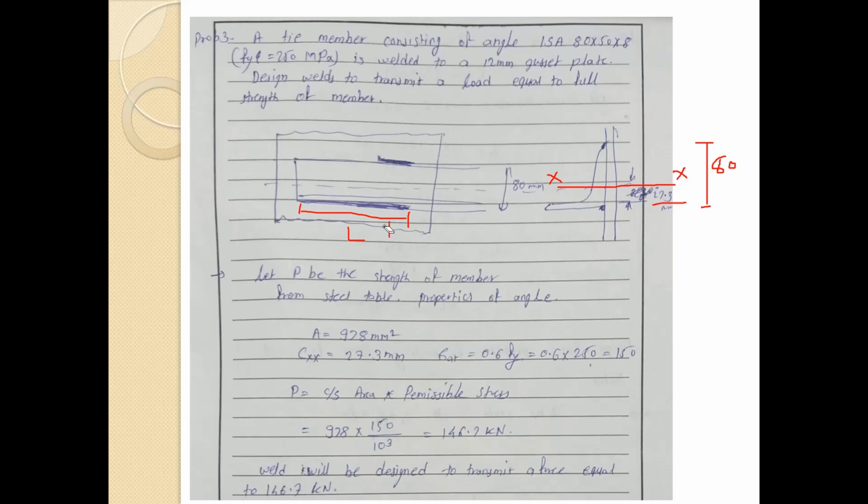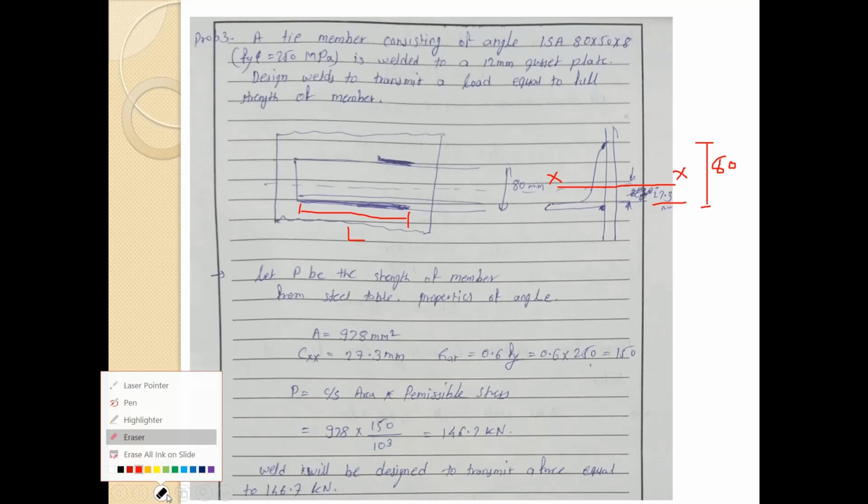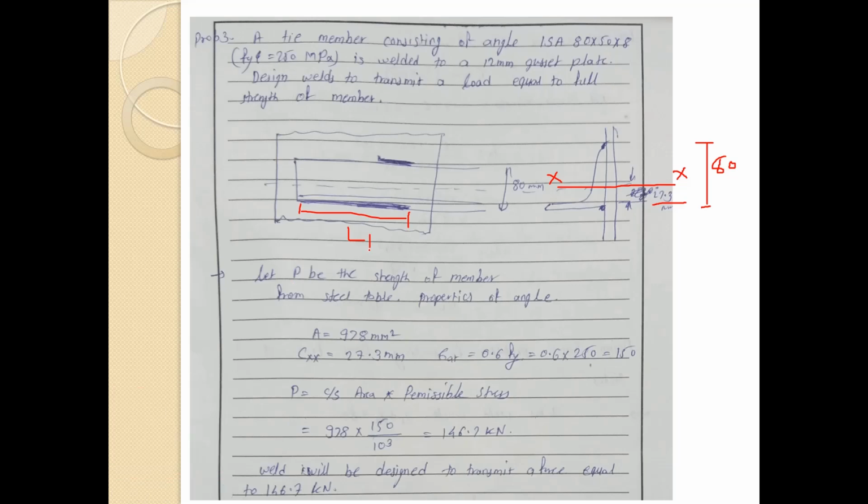This is L1, and either you can take it from this side or this side. You can provide it at any side. So this is L1 and this is L2.